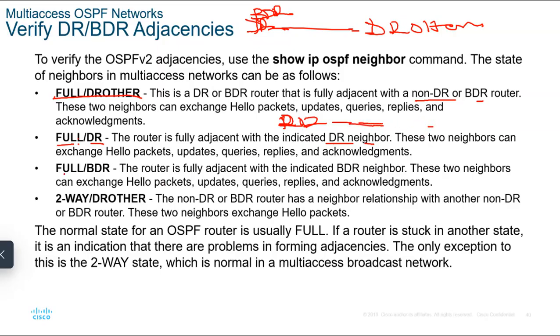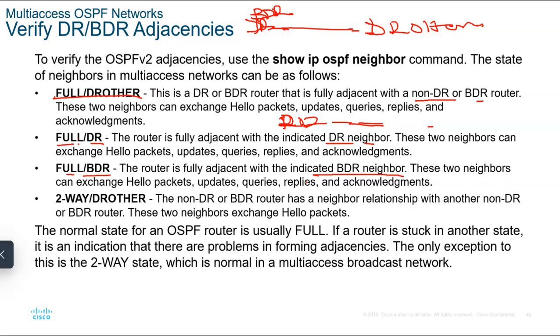Then we have full/BDR. This router is fully adjacent with the indicated BDR neighbor. These two neighbors can exchange hello packets.